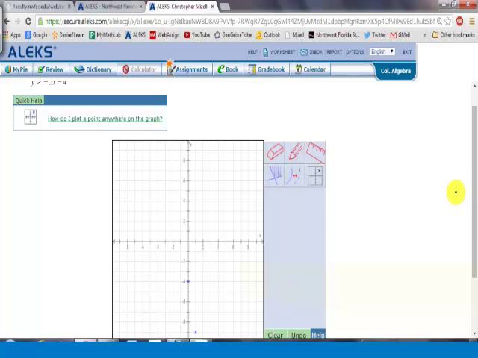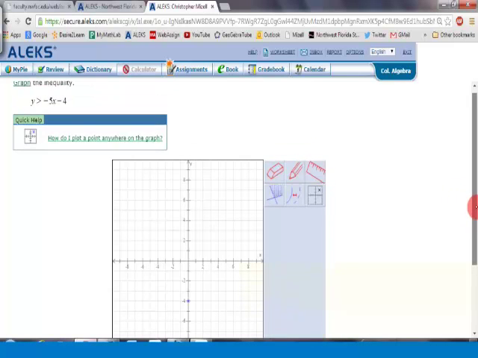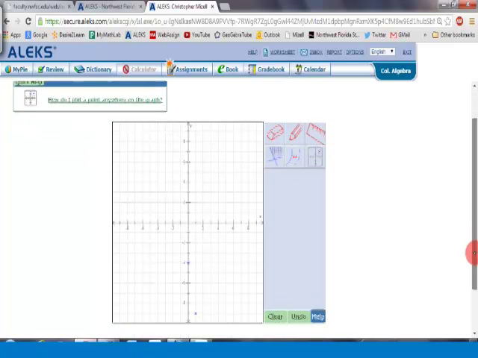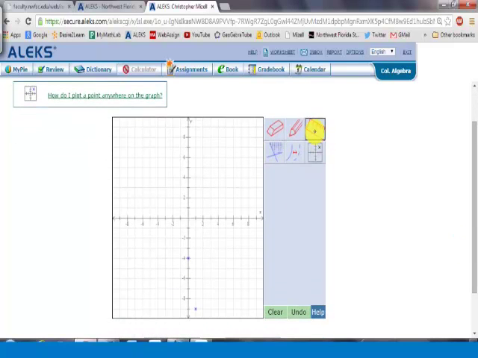Now, it's going to be a broken line. How do I tell Alex I want it to graph a broken line? Use that one right under the pencil. So maybe I should graph it first and then click on that. Ruler next.